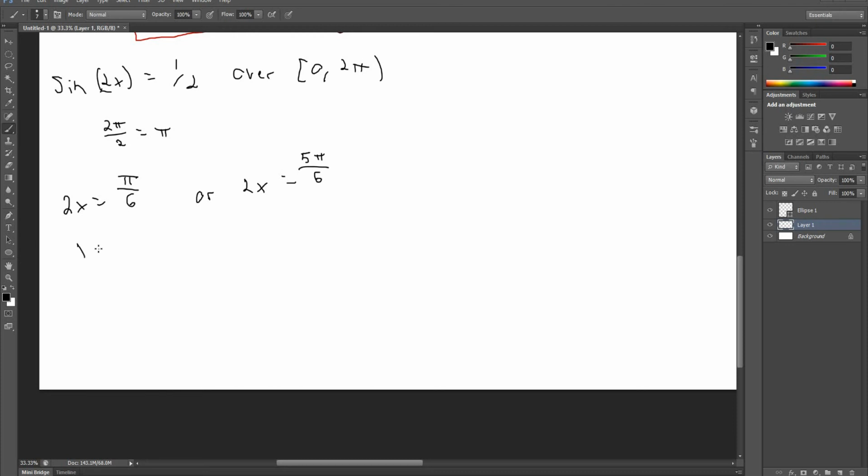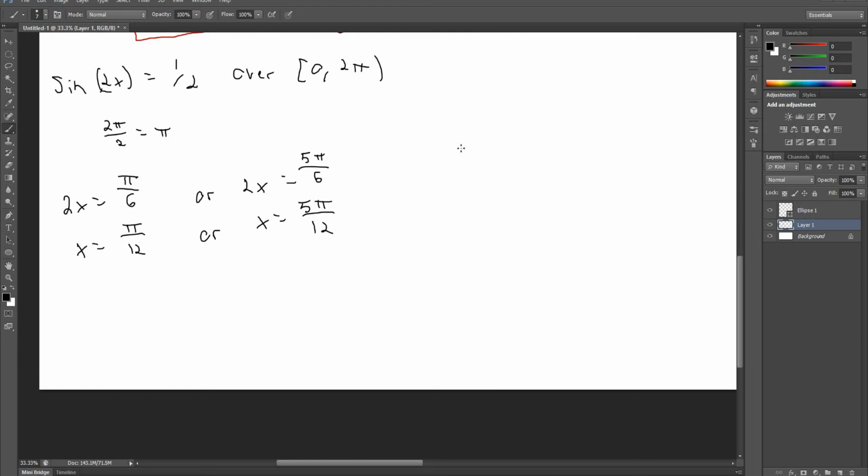So in this case, we're going to get x is equal to pi over 12, or x is equal to 5 pi over 12. That's just from dividing by 2. Now, we have not completed even a full period yet. 5 pi over 12 is less than pi, so we haven't even finished a full unit circle.